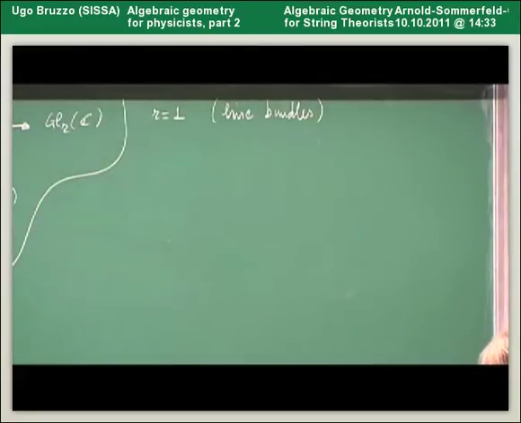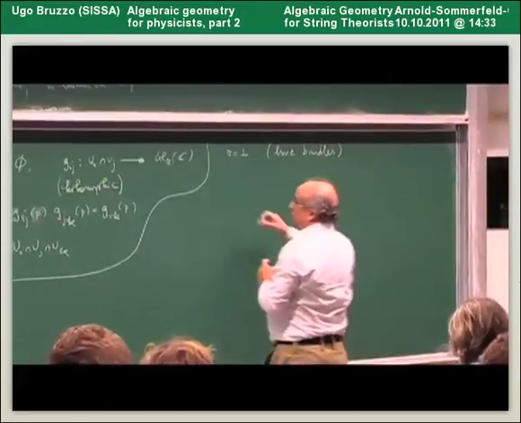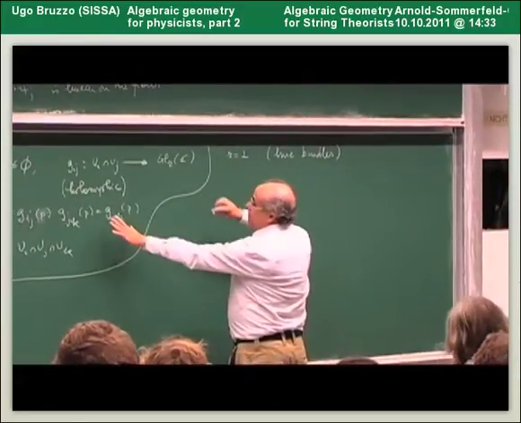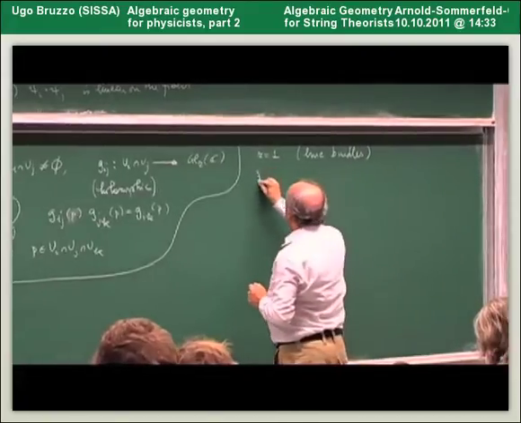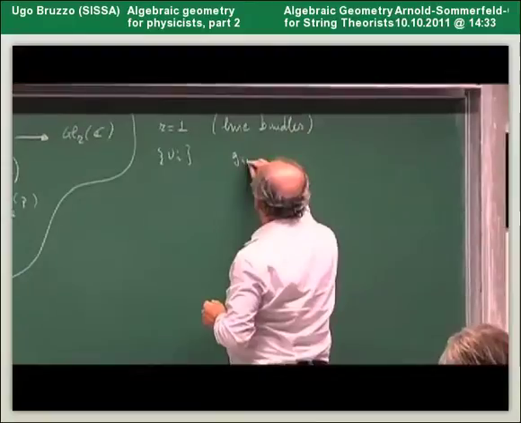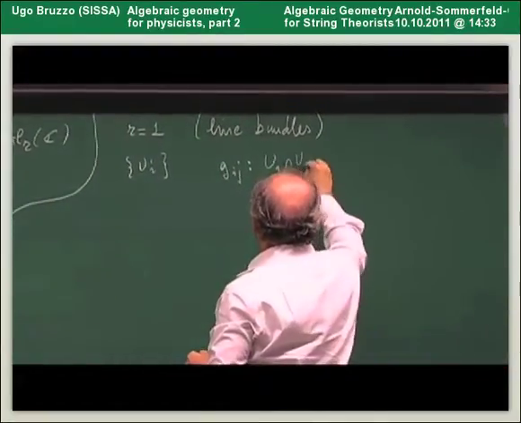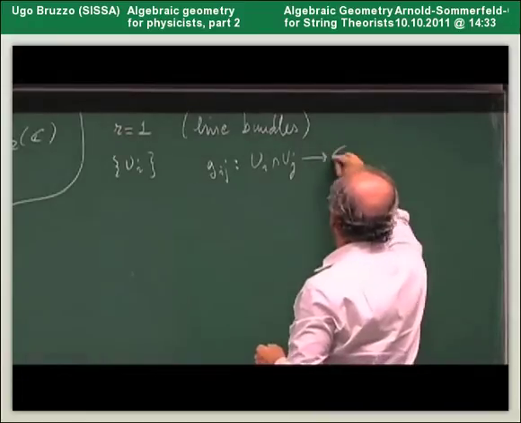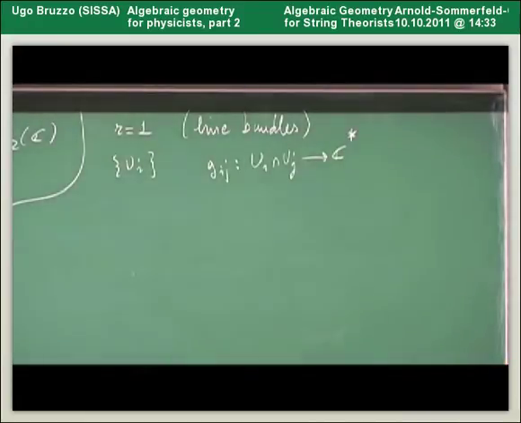And here you see that we are doing the following. Suppose that we are describing a line bundle in this way. So this means that we have an open cover. We have functions from this intersection to C star.